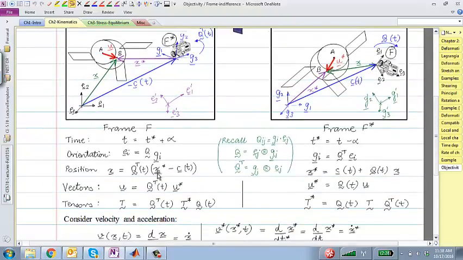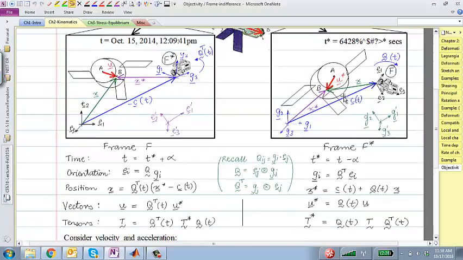All we need to do is to express X star. So if I go into this frame of reference, I have some vector X star. I have to do a rigid body rotation to that vector, and I think there's an easier way to explain this. Let's see.